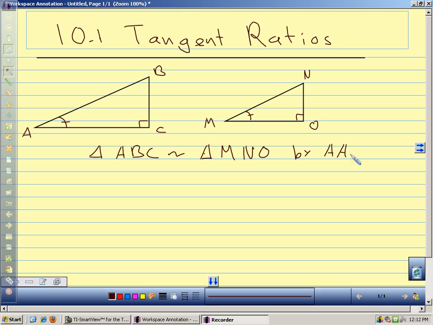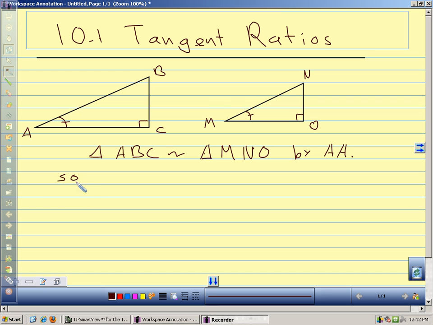In chapter 8, we talked about what we knew about triangles if they are similar. When we have similar triangles, their corresponding sides are proportional.